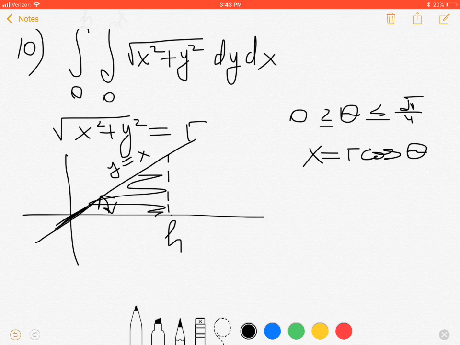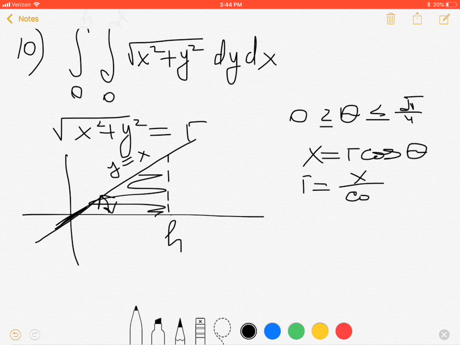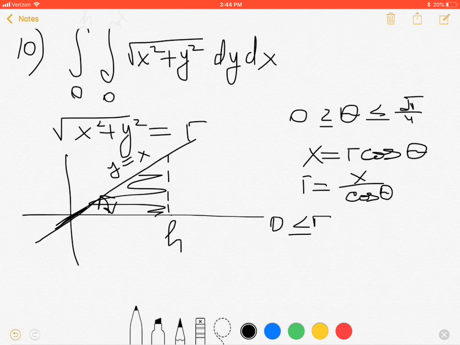This means r is changing from, r equals x divided by cosine theta, right? And now we have x changing from 0 to h. This means r changes from 0 to h over cosine theta.